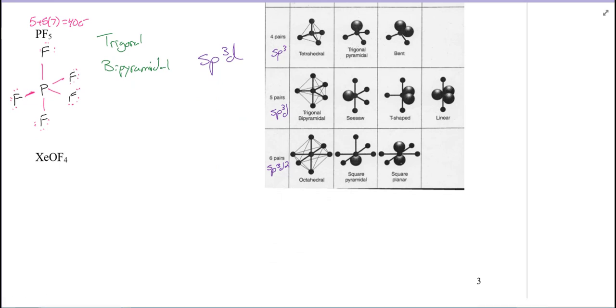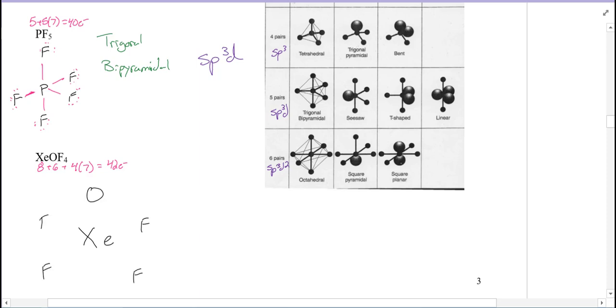XeOF4. Electron count for xenon would be 8. Oxygen 6 plus 4 times 7. That's 42 electrons. Central atom. Well, it's not fluorine, not oxygen, so Xe. 1, 2, 3, 4 fluorines.